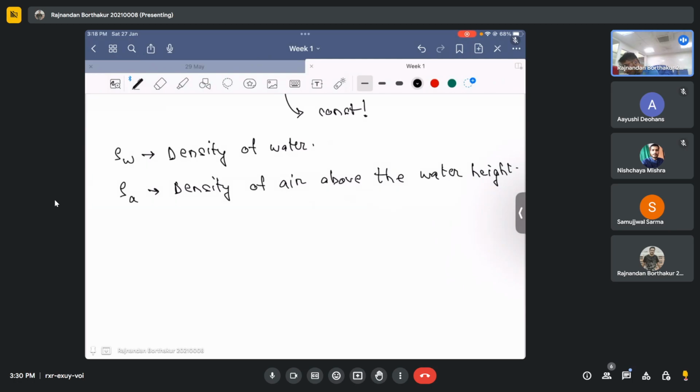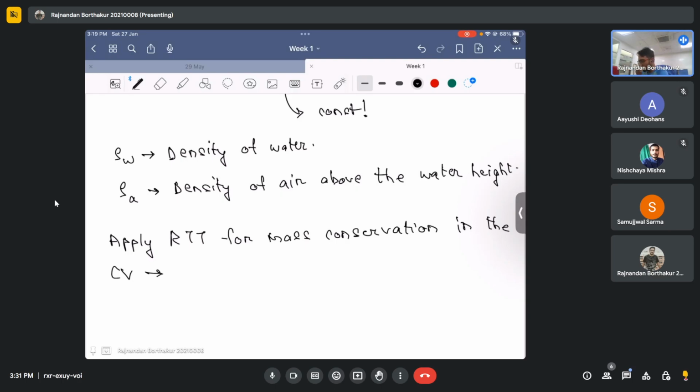What I will now do is apply RTT, the Reynolds transport theorem, and we will apply RTT for conservation of mass, of course, because the idea is to find out how this H changes with time. So we'll apply RTT for mass conservation in the control volume.